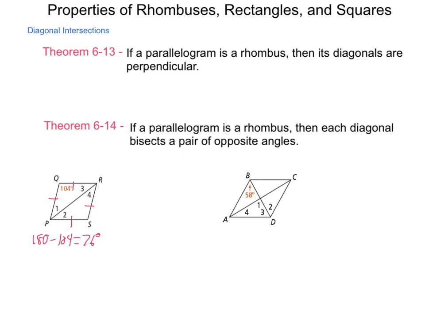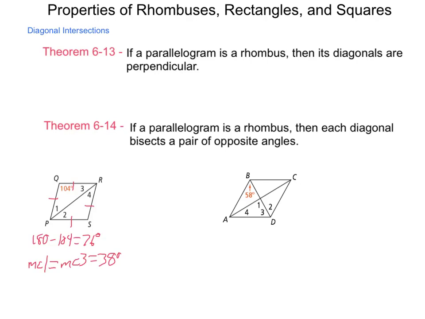Angle 1 plus angle 3 equals that 76. So the measure of angle 1 is equal to the measure of angle 3, and both of them total 76 degrees, making each one 38 degrees. Now, how do we use this to find angles 2 and 4?